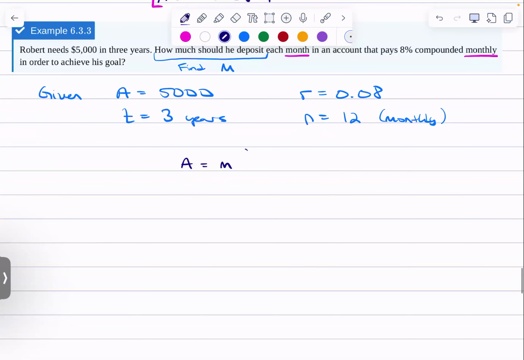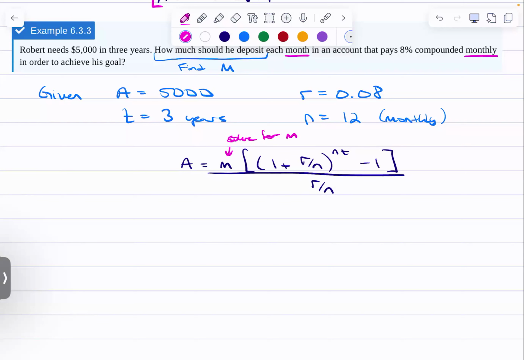And so here, 1 plus R over N, there's one downstairs, to the power of N times T minus 1, divided by R over N. We want to solve for M. We know how to do that.